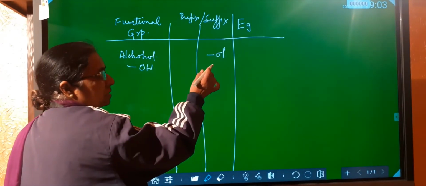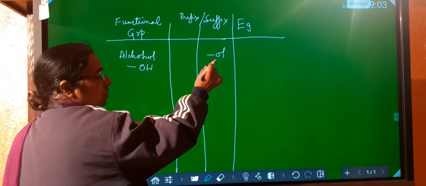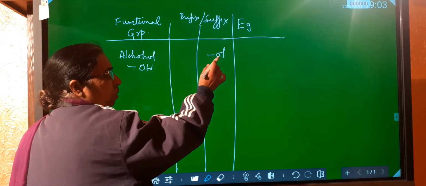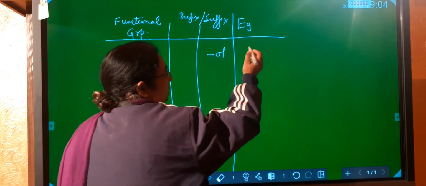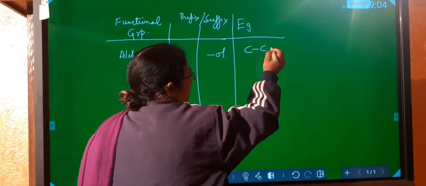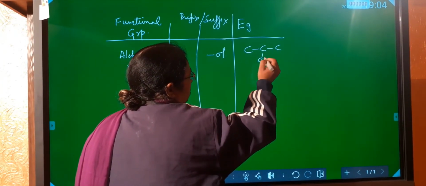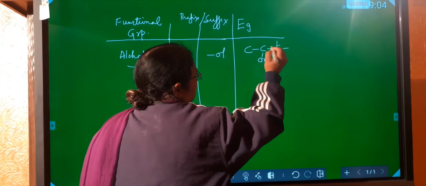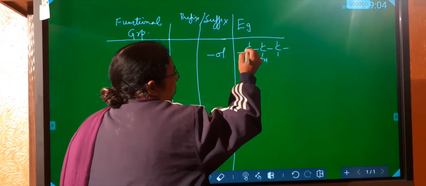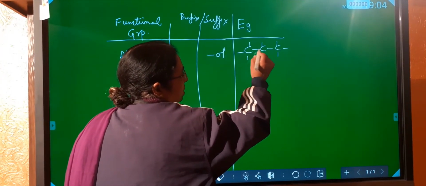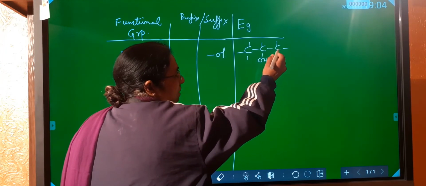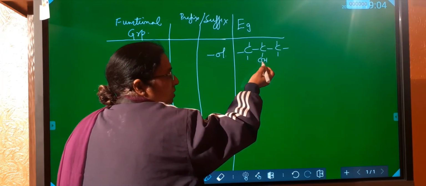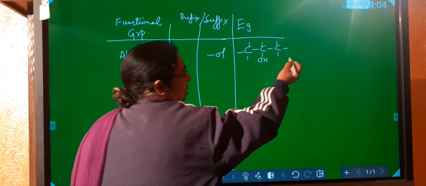Whatever the parent root name is, after the root name we will be writing ol. So for example over here, if I write OH like this, so the root name over here is 3 carbons, that is prop, and OH is attached on the second carbon.